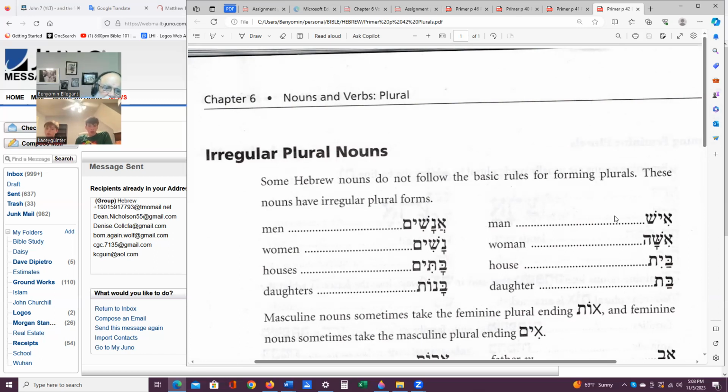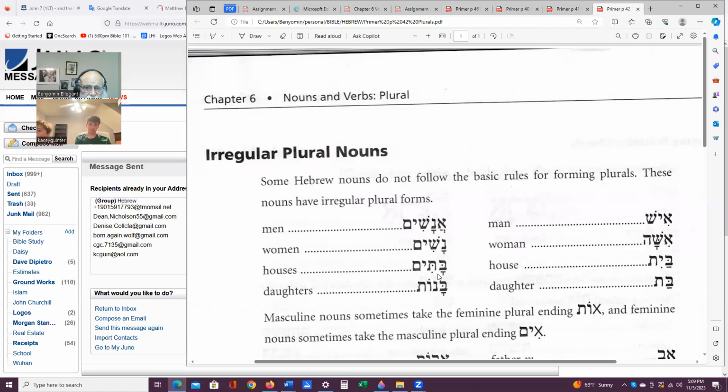This is the exception that we saw with our homework. Ish, anashim. Isha, nashim. Where they came up with that, I don't know, but that's just the way it is. Bayit, batim. It almost looks like daughters, and it's easy to confuse.